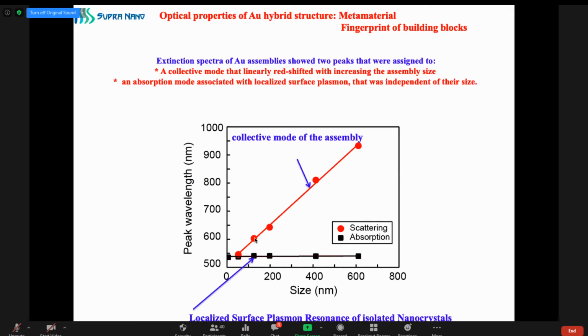And progressively you have an increase of the shift of the peak, which is due to the collective mode. We start to have a metamaterial. So the fingerprint of the nanoparticle remains visible, remains existing in the optical property, and you will see later that it is the same for other systems. And we have this collective mode.